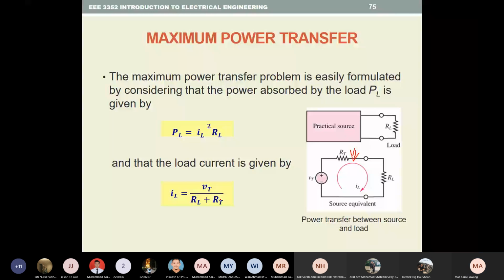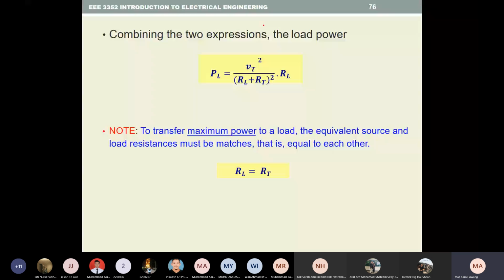So we can replace IL in that equation with this form. This combines the two expressions. The load power PL is equal to VT squared over (RL plus RT) squared, times RL.